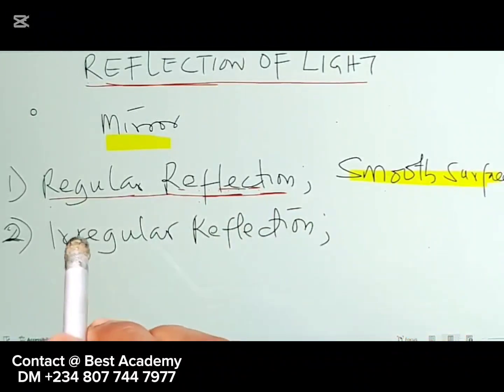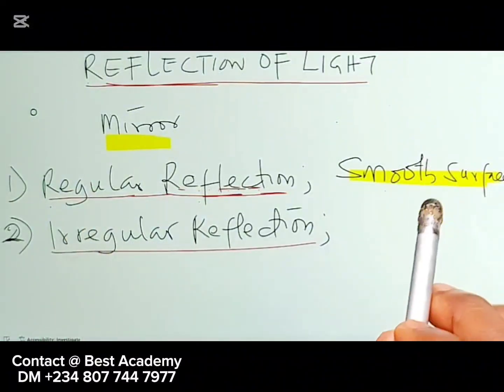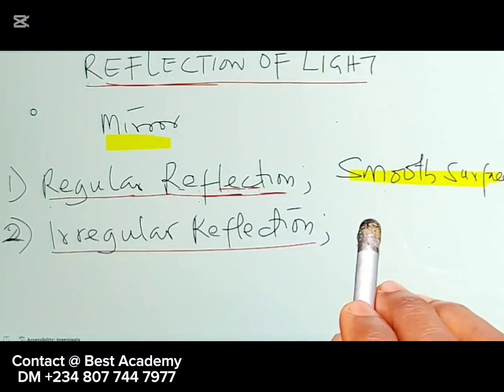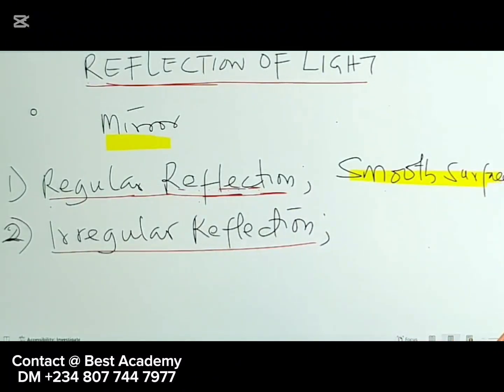Of course, irregular is the opposite of regular reflection, and it's the reflection that occurs on a rough surface. That means the reflection that occurs on any surface other than a mirror is said to be irregular reflection.